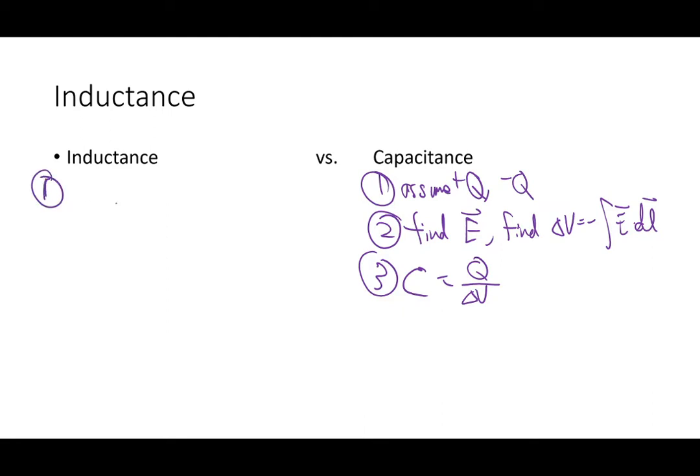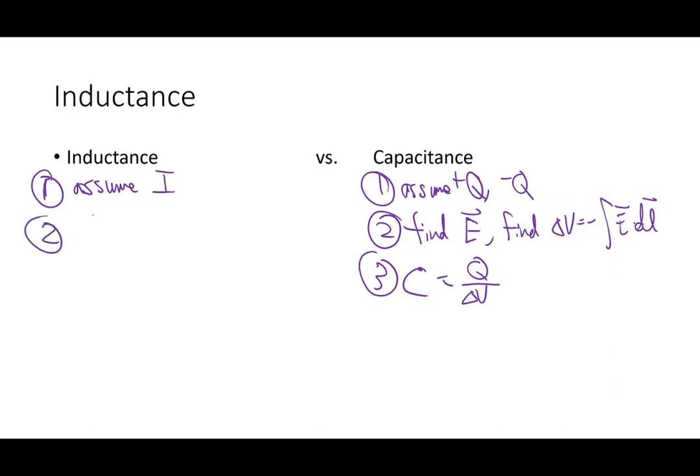Whereas the way to find out how big an inductance of a thing is, we're going to assume a certain current is going through our coil in a certain direction. That's all totally up to us.